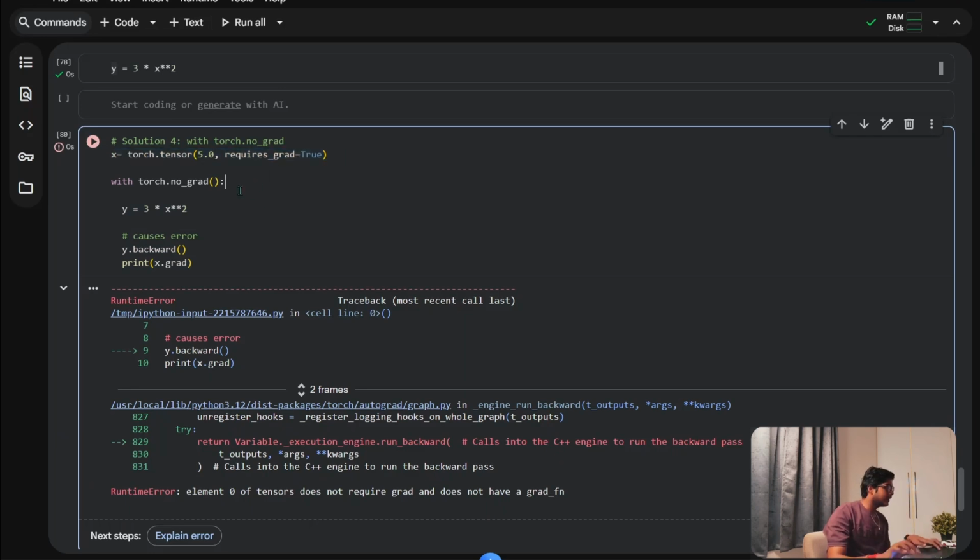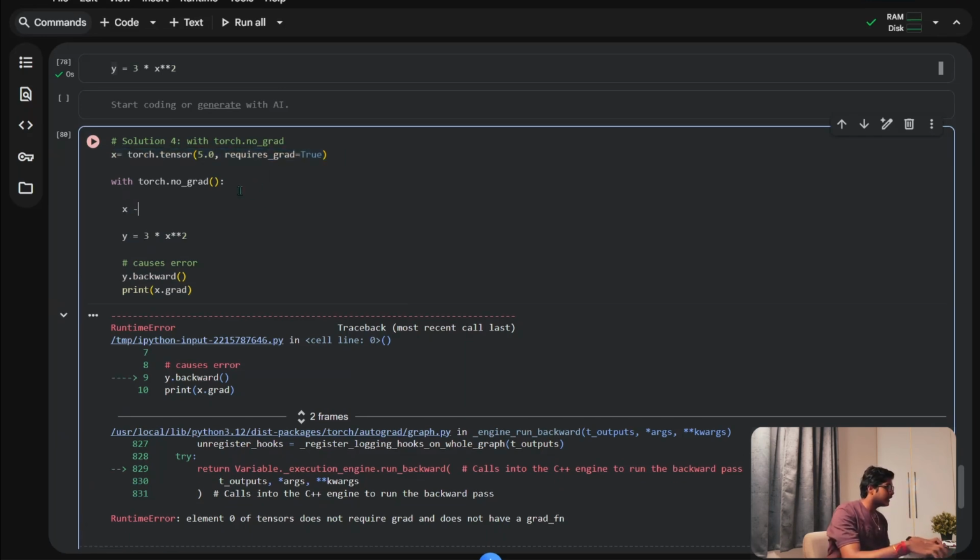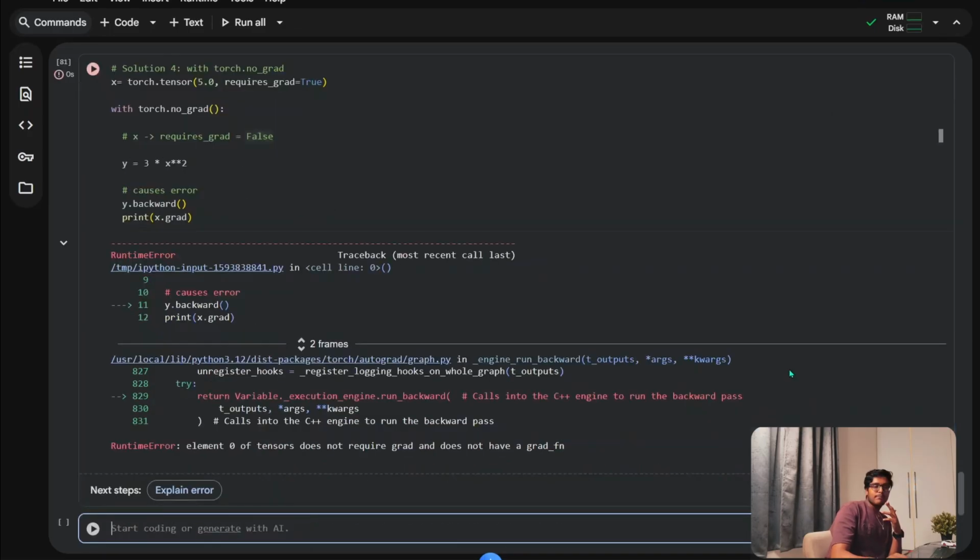So that is why these lines will throw us an error, because inside this block my x has requires_grad as false.